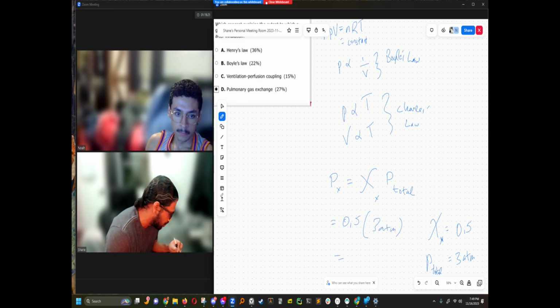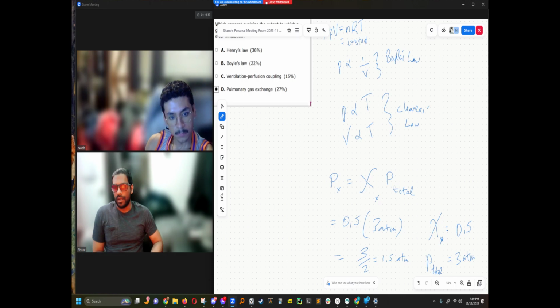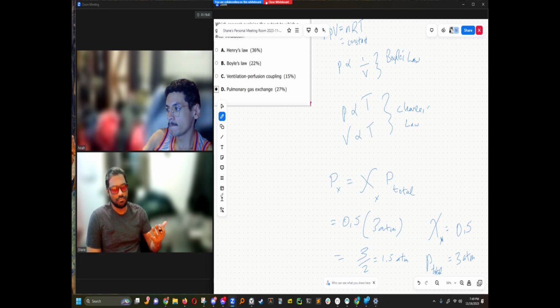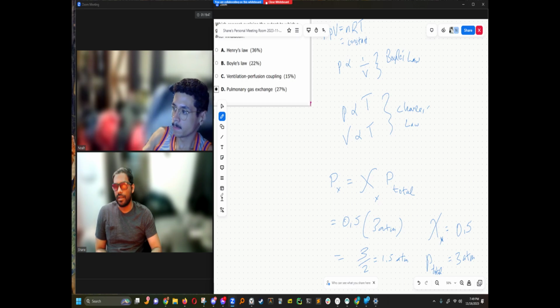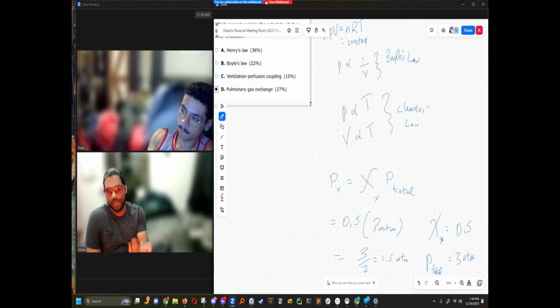It'll be 0.5 times 3, and 0.5 is 1 over 2, so it could just be 3 over 2 or 1.5 atm. So Henry's law states that the partial pressure is dependent on the mole fraction of that particular gas. And this works when you have a mixture of gases.